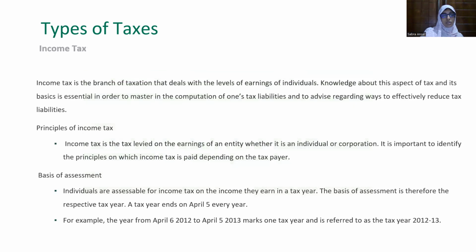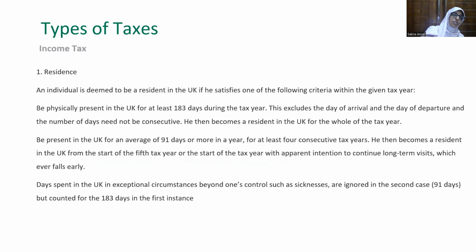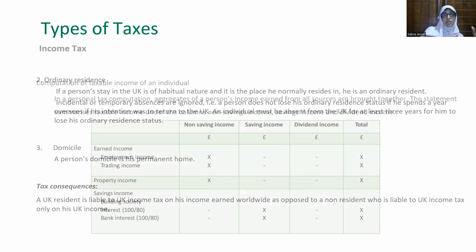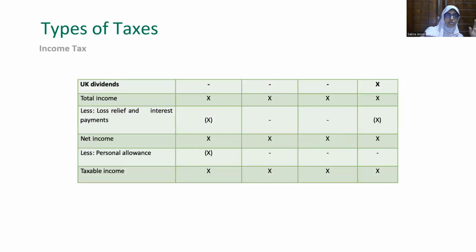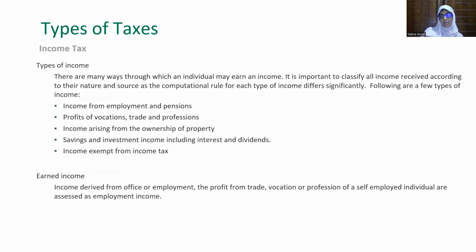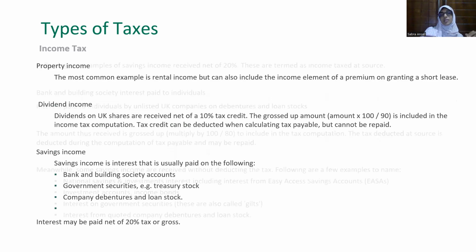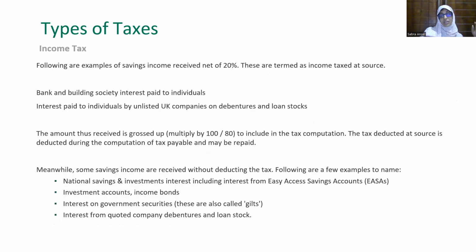Then we spoke about different principles and the basis of income tax: who is liable, and who is resident, ordinarily resident and domiciled. This is how income tax is calculated, and how we identify property income, dividend income, and things like savings income.